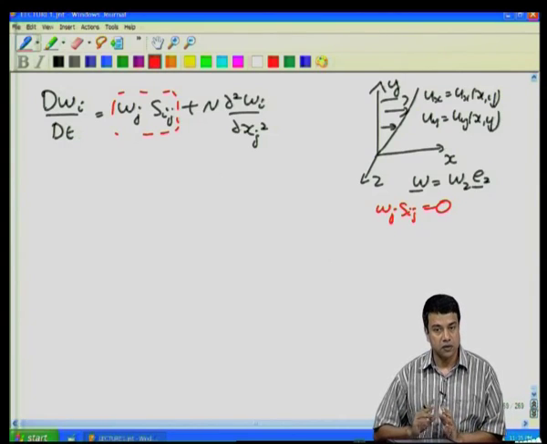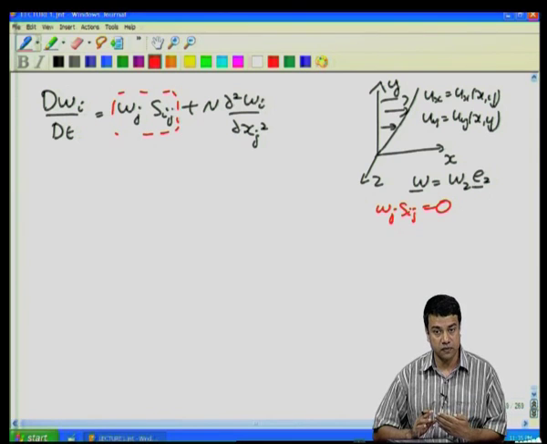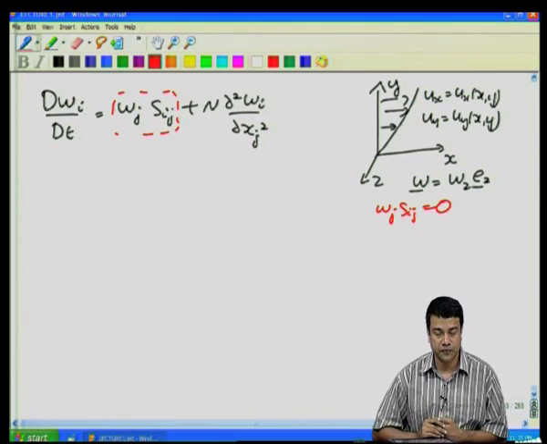So, you cannot have vorticity intensification due to the stretching and bending of vortex lines for a 2 dimensional flow, because the velocity gradient has components only in the plane of flow, and the vorticity is perpendicular to the plane of flow. That means that you require a 3 dimensional flow in order to have intensification of vorticity due to stretching and bending of vortex lines.